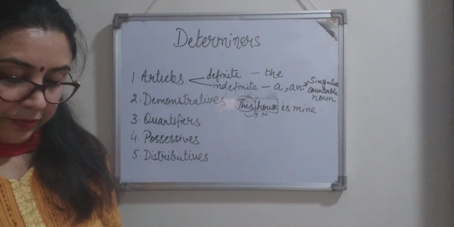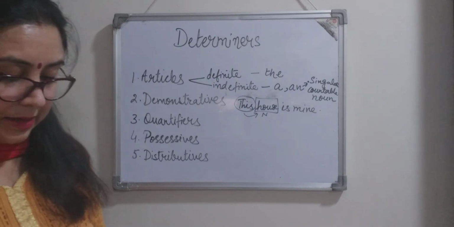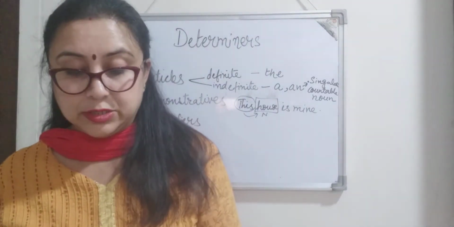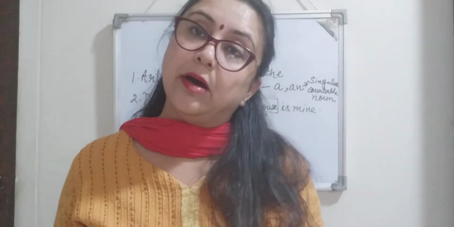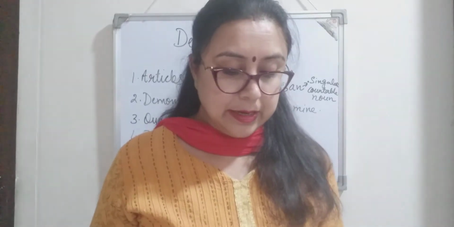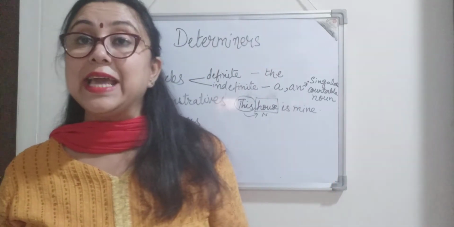So what are quantifiers? These are the words which indicate the quantity of the noun, right? It shows the quantity of the noun. These include all the adjectives of quantity and number.